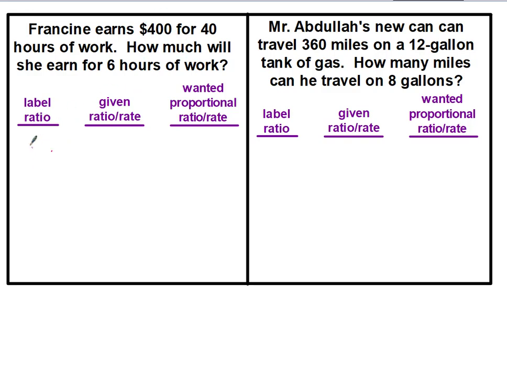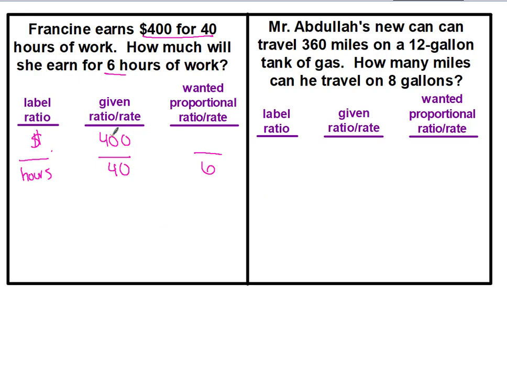So here I'm going to write money, or just the money symbol, over hours. So 400, this is what they're giving me, 400 for 40 hours. And I want to know how much she will earn for 6 hours of work. So my hours are the denominator, so my 6 is going to go with the denominator.